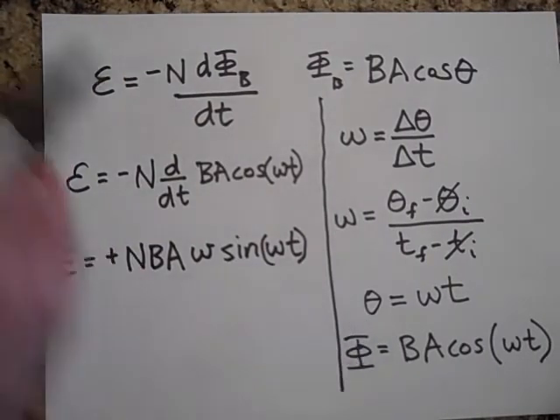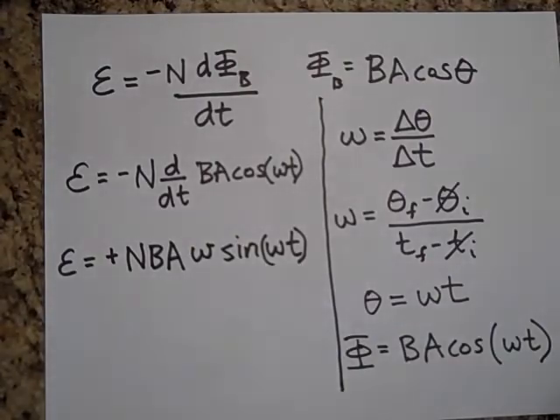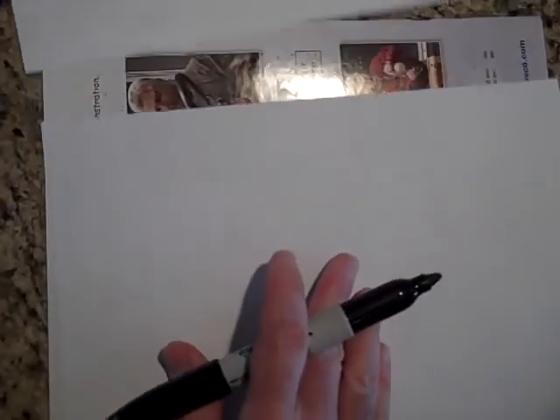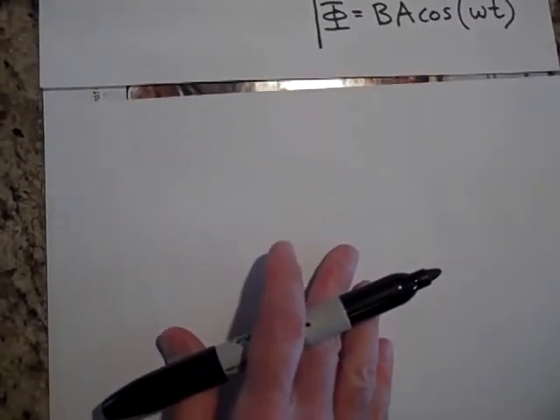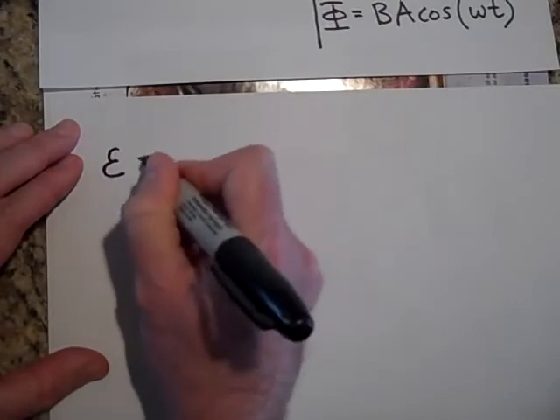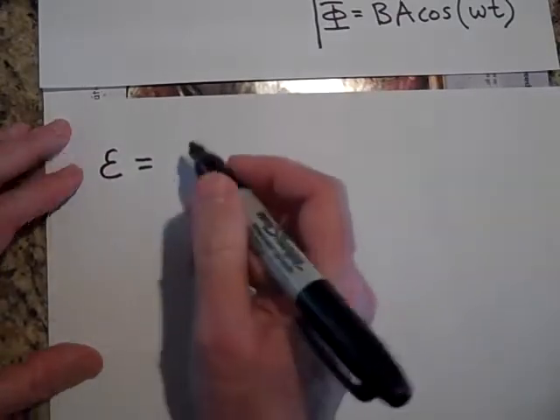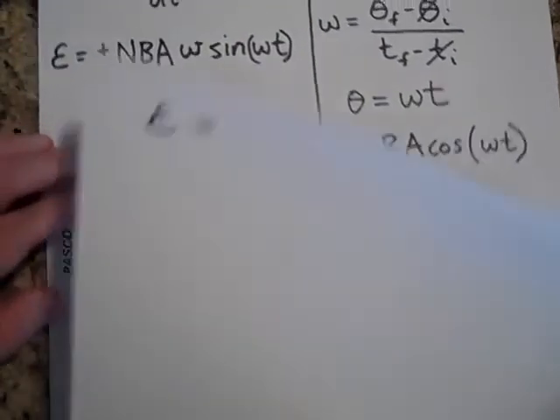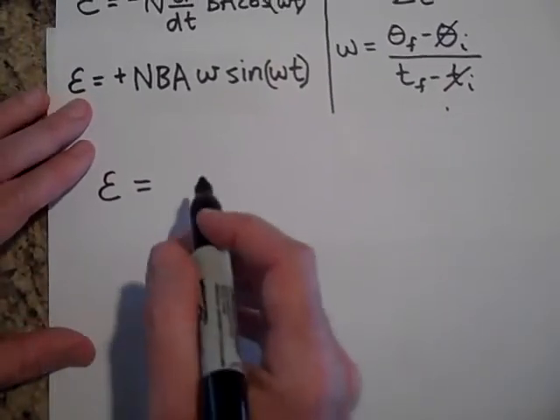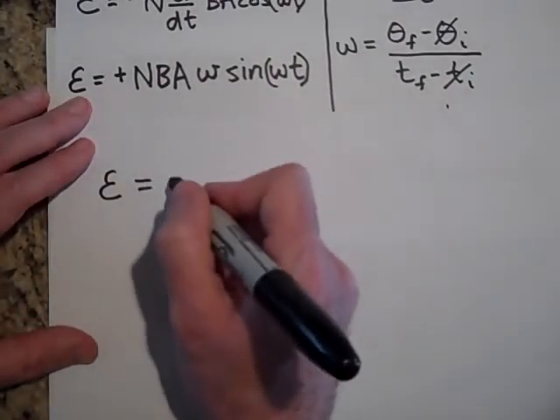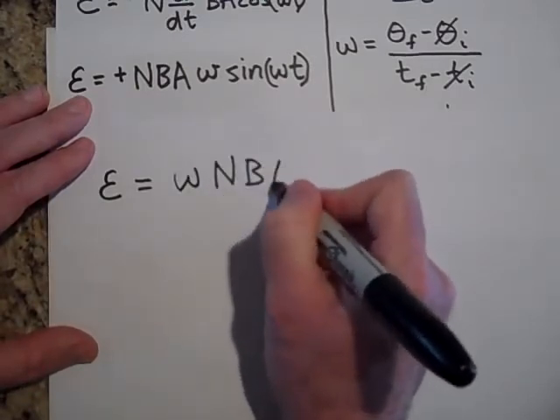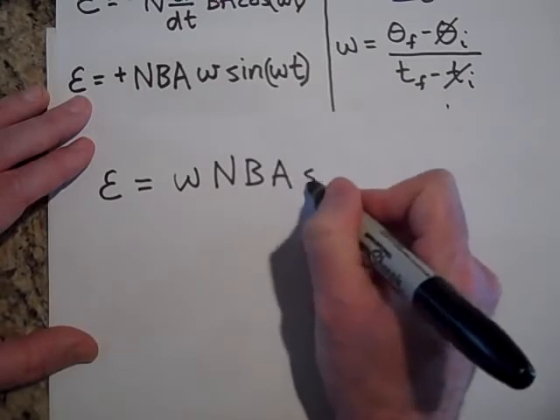I'm going to rewrite that on its own sheet of paper, and then let's see if we can make sense of it. The EMF that's induced by spinning a bunch of coils of wire through a magnetic field is going to be equal to, and I'm going to write it a little differently, W N B A sine omega t.